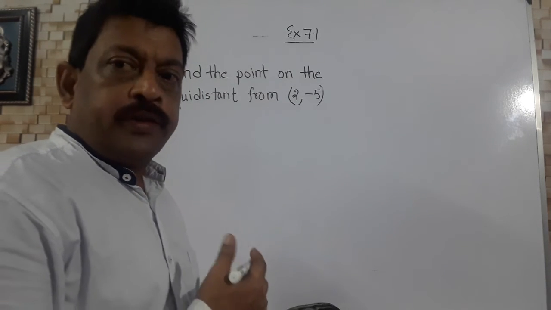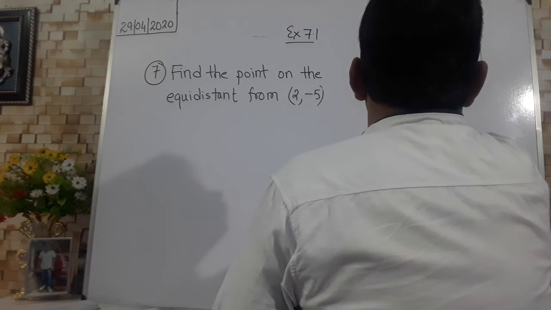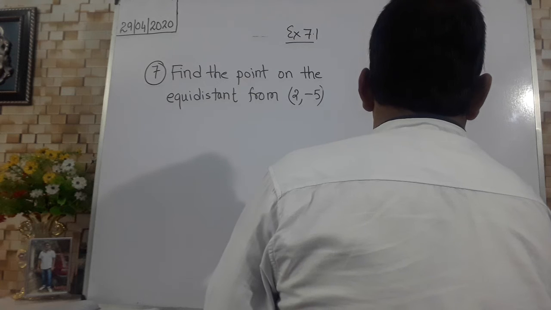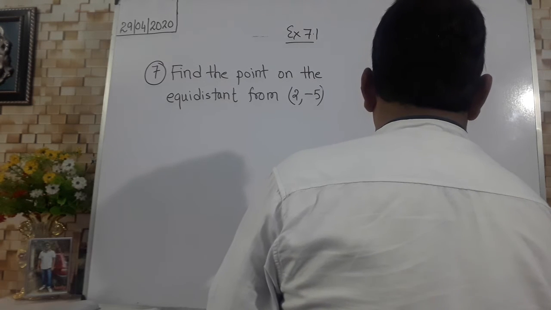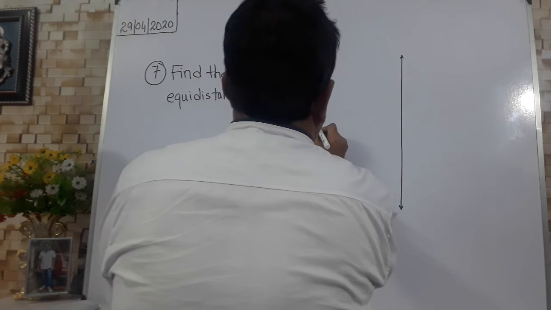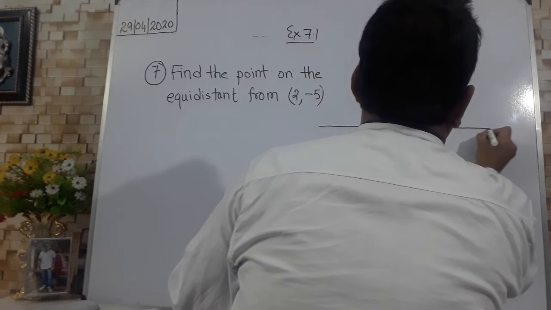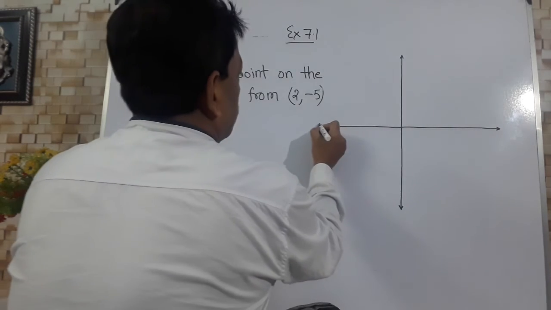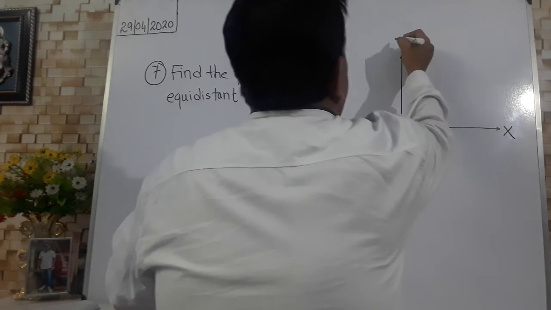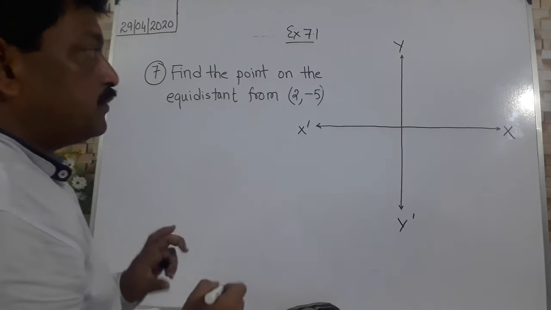Let me draw the coordinate axis here. So this is the x-axis and this is the y-axis. The point is on the x-axis.